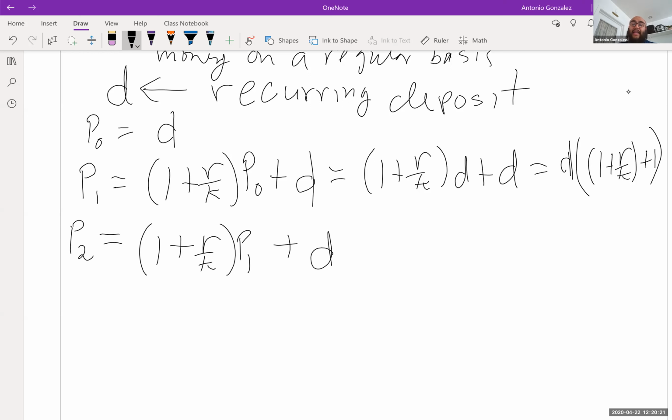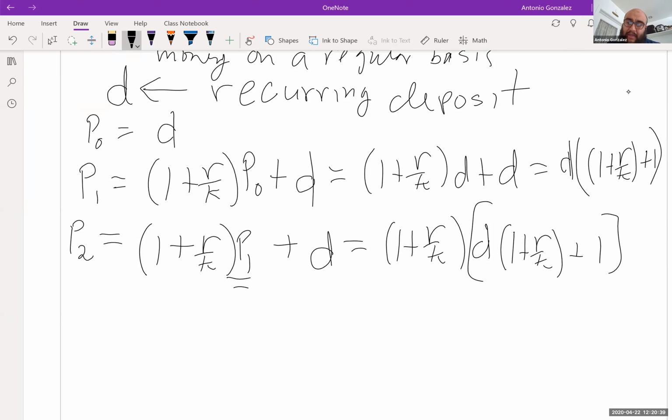Now, if I back substitute here, P1 is this quantity. And now you can start to see that 1 plus R over K times P1 is D times 1 plus R over K plus 1, and then plus the D out here.